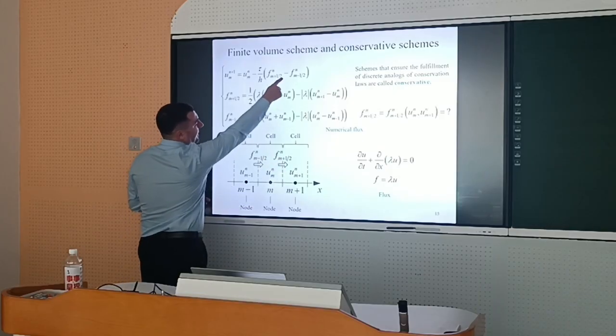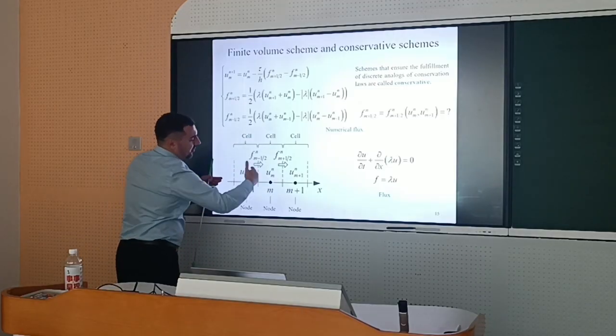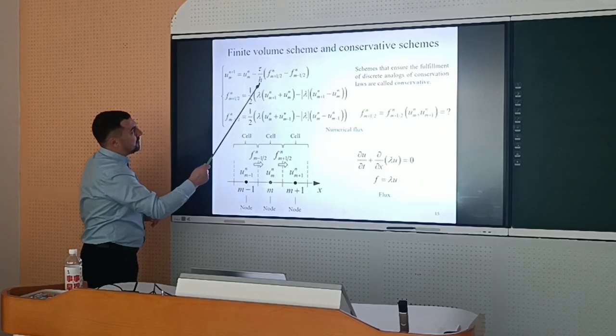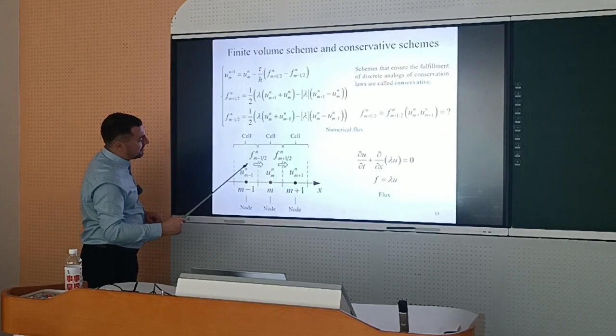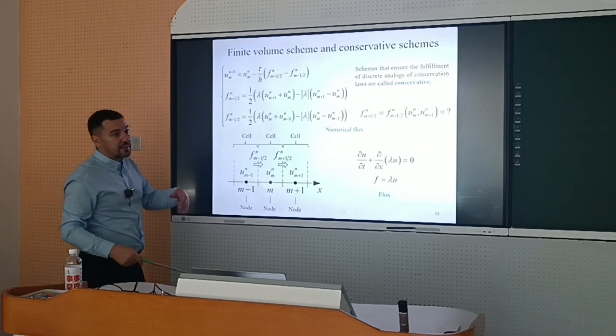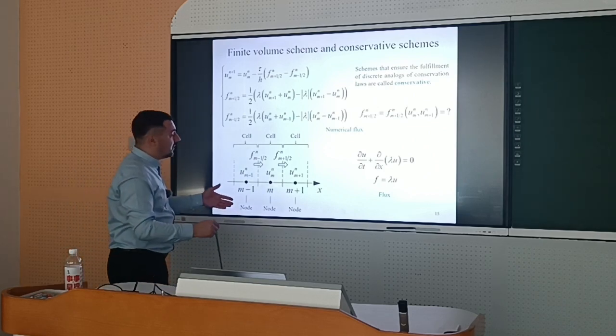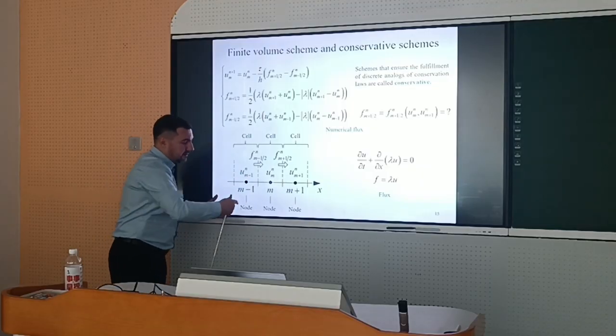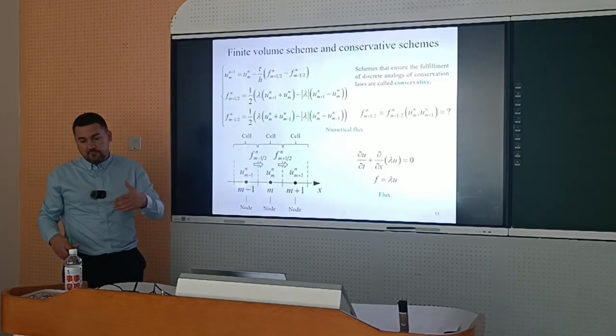And you can see this minus. It means that when we summarize all these formulas for all computational cells, the same flux for neighboring cells will cancel out. And so you will get that in total the conservation is valid.